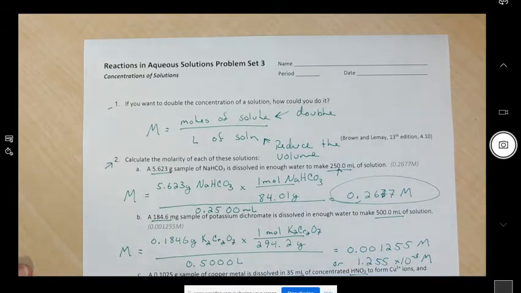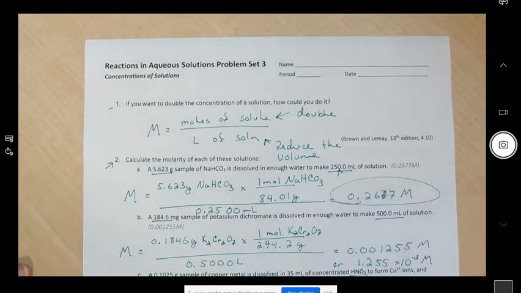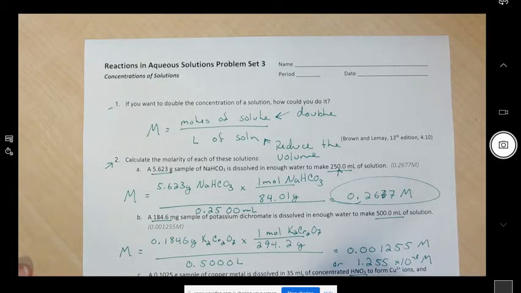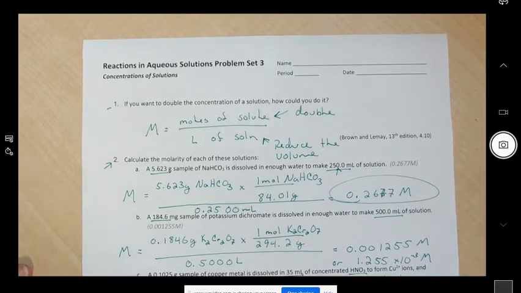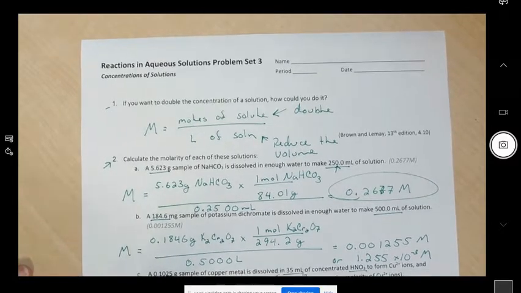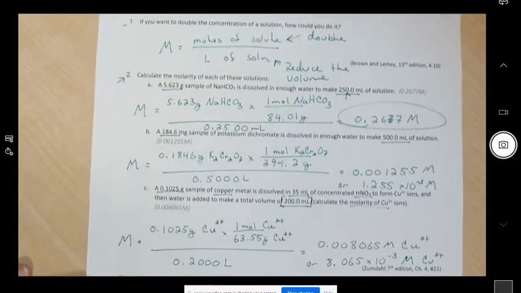And we know that our final volume here is going to be 0.2000 liters. Again, everything here has 4 significant digits, so 0.008065 molar of copper 2 plus ions, or in scientific notation, 8.065 times 10 to the negative third molar copper.